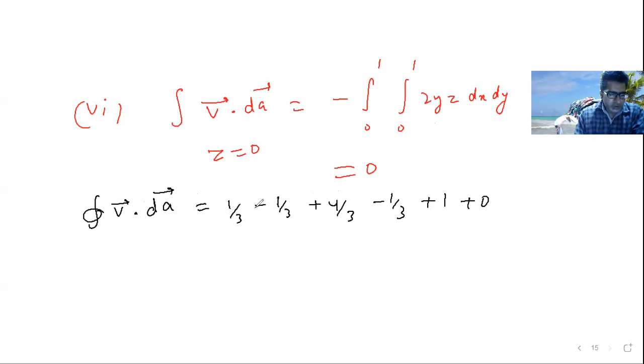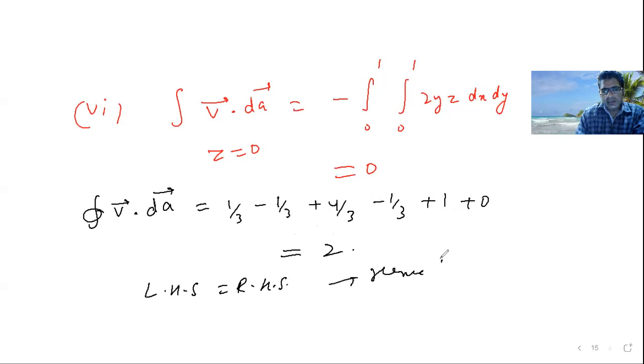First piece, second piece, third piece, and so on. Adding these values is simply 2. So left hand side is equal to right hand side. Hence the theorem is verified.